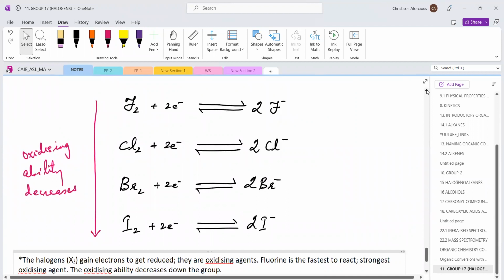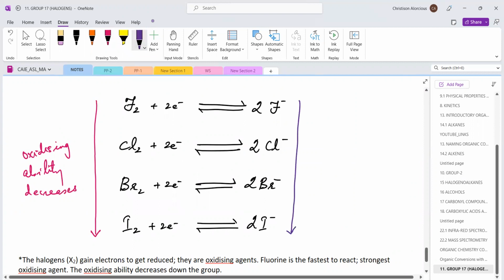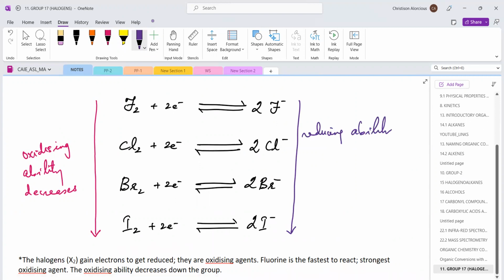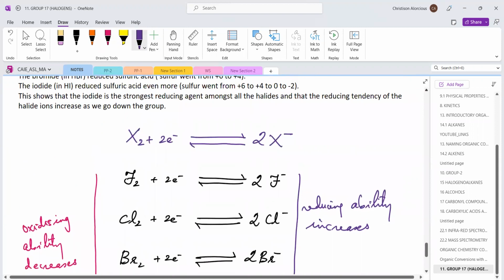So you go down the group like this, and you find that the reducing ability increases. It becomes more reducing, becomes stronger reducing agents.